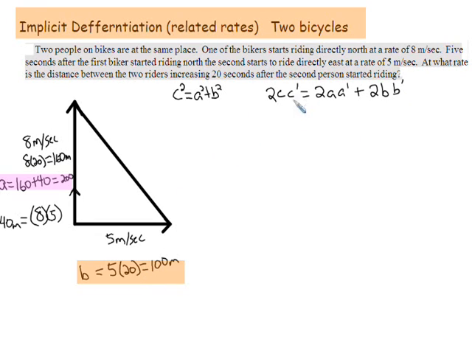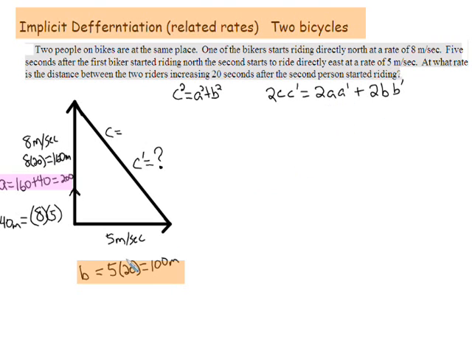So what do we know? C prime, that's what they're looking for. At what rate is the distance between the two riders increasing? So they're looking for C prime. That's what we're looking for. But can we figure out what C is? Because we need it. If we want to find out what C prime is, I need to know C. I know A. I know B. Do I know B prime? Do I know A prime?